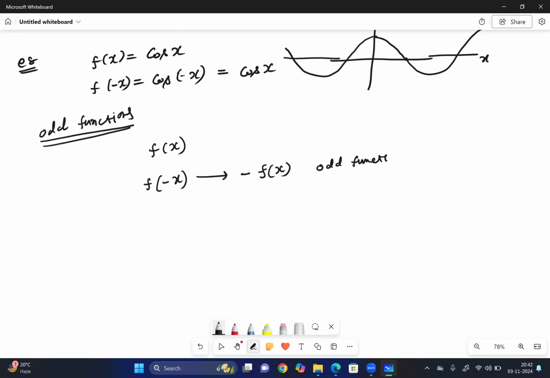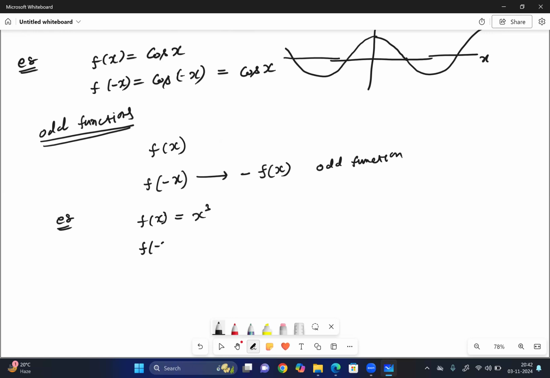For example, a very simple example is x cube. If I'm doing minus x whole cube, that gives us minus x cube, which is minus f(x). So that's why it's odd.